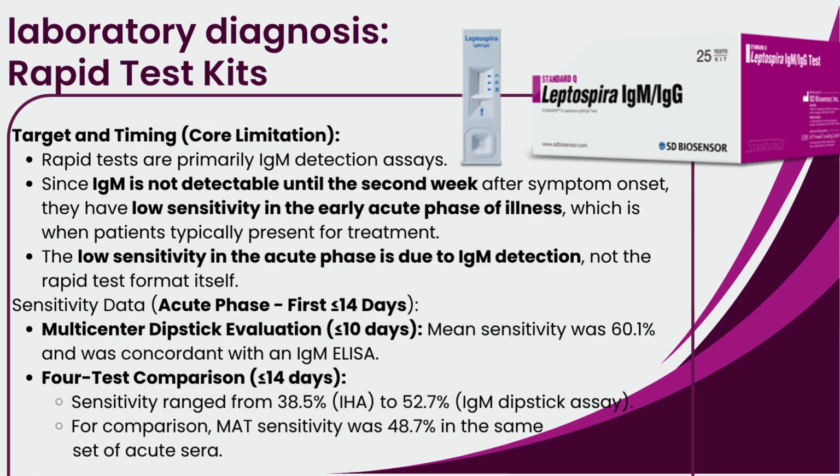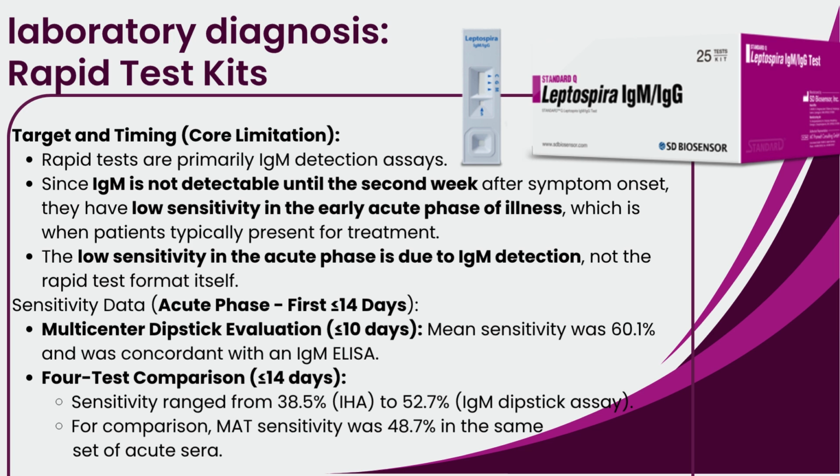So this discussion on this slide focuses on the limitations of rapid tests. Core limitations, particularly their target of detecting IgM antibodies, which are only detectable after the second week of symptoms. This poses a challenge during the early acute phase, leading to low sensitivity when patients typically seek treatment. Data from a multi-center evaluation within the first 10 days showed a mean sensitivity of 60.1%.